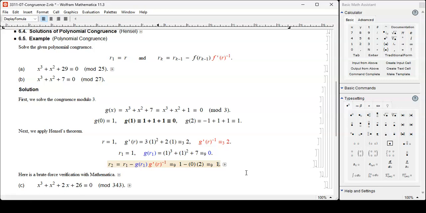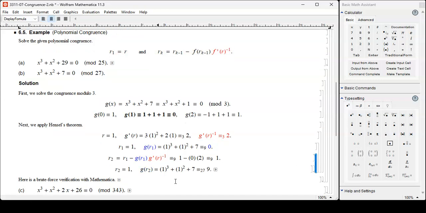All right, next r3. We have to do this recursively again. So r3 and r2, we have it. g of r2, we need that. So okay, let's calculate g of r2. So g of r2 is, well, plugging in 1, and then that's 9 modulo 27.